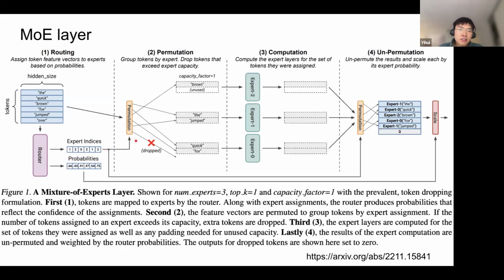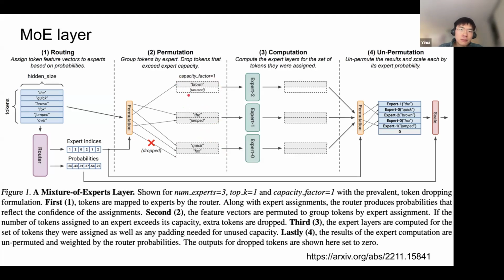And then the second step is the permutation. Given the tokens' selected experts, you need to align these input features with the experts. All of the tokens that select expert 0 you will need to arrange into a single matrix that is only for expert 0, then expert 1, expert 2.